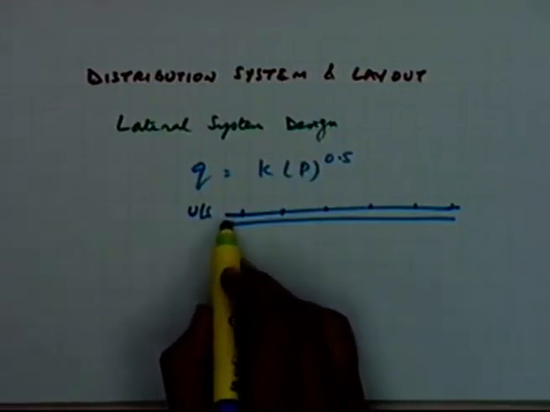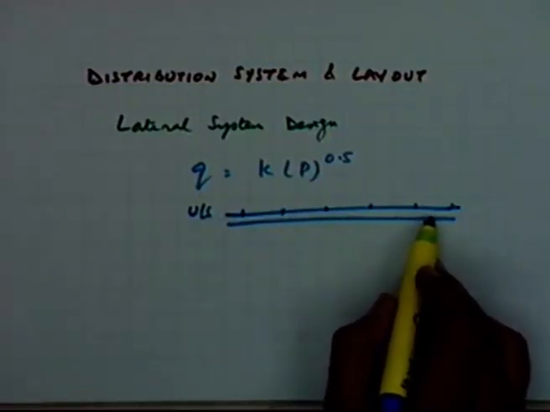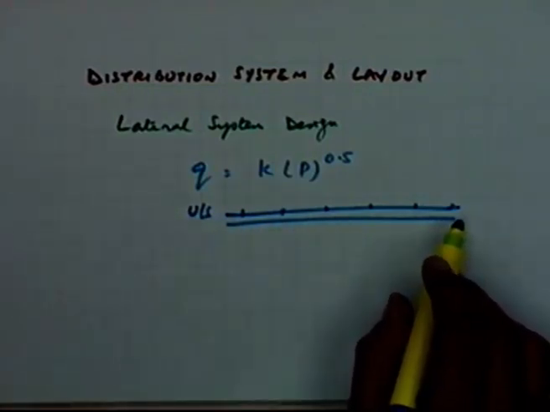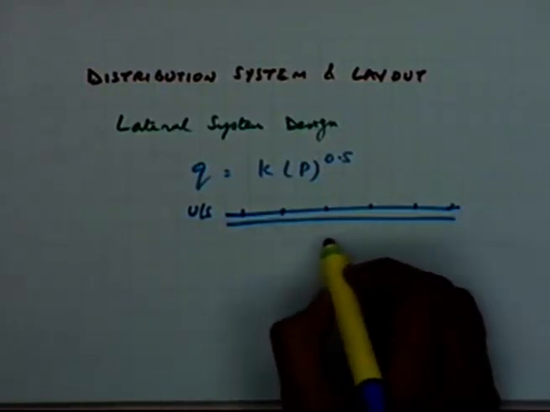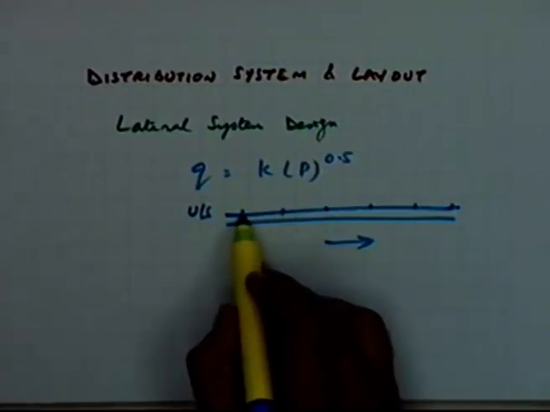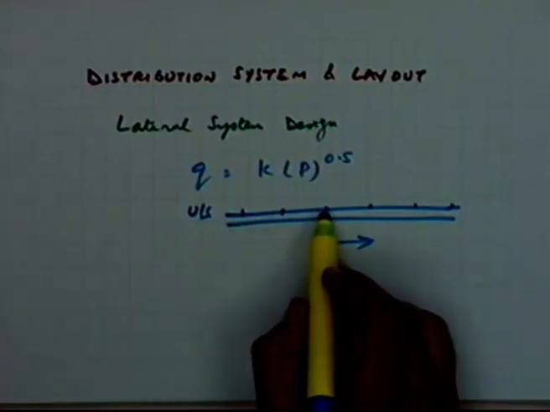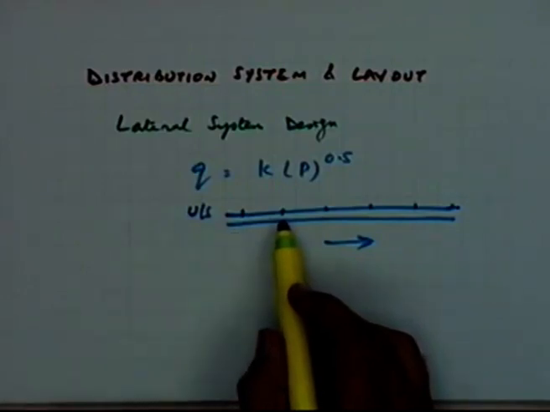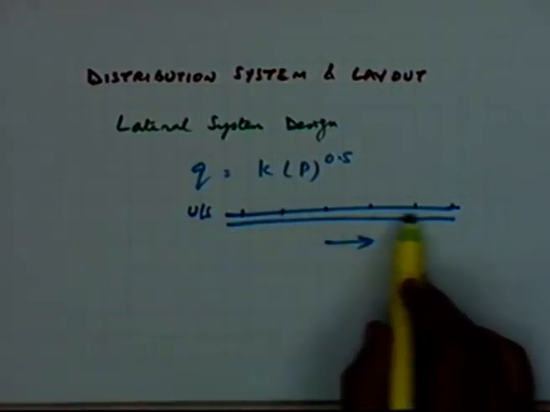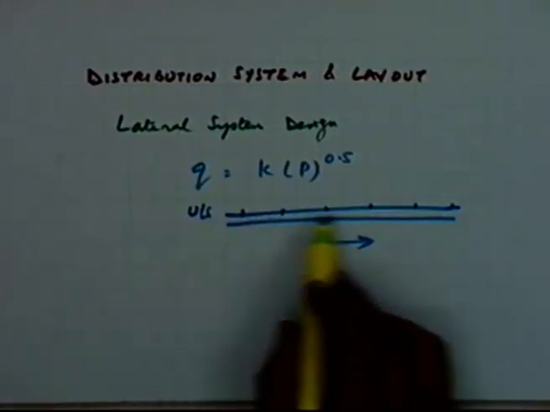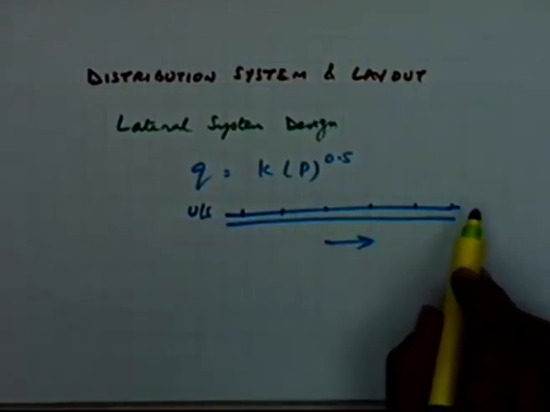As you go downstream, your discharge is reducing. So, it's a case of a spatially varied discharge. As you go downstream in this direction, the discharge which is available here is less by the discharge which has already left this sprinkler. As you go to the next one, it has to be less by the discharge of two sprinklers. So, that is the reason that the discharge cannot be the same on a lateral.